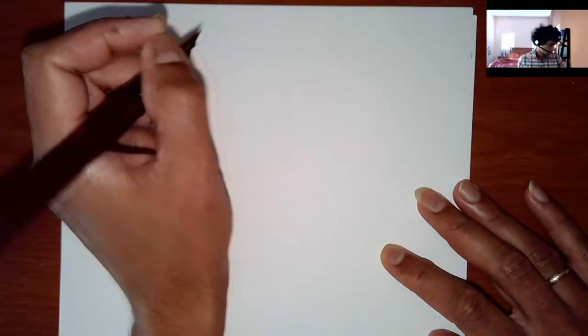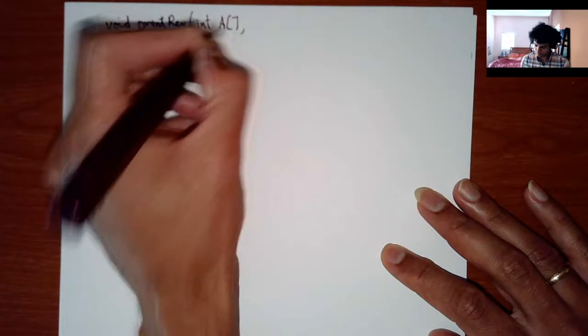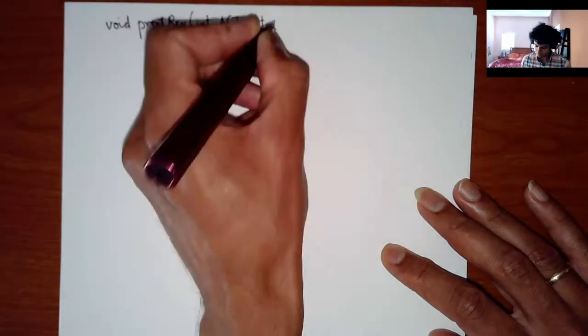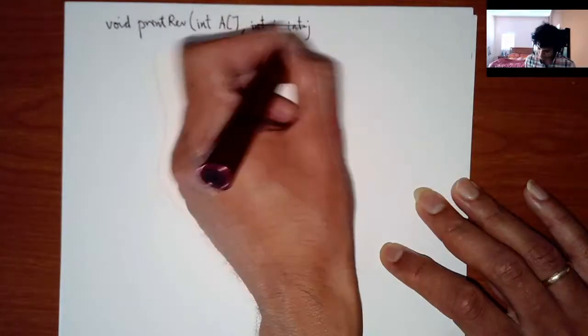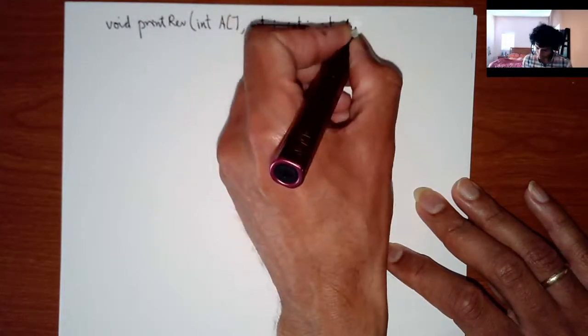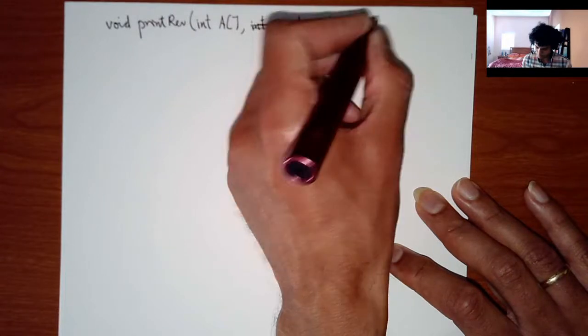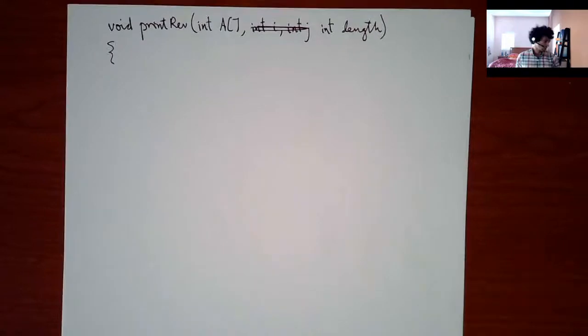So I'm going to write the print reverse. We'll take another integer parameter called the length. This is just going to simulate that entire procedure that I described using a stack.